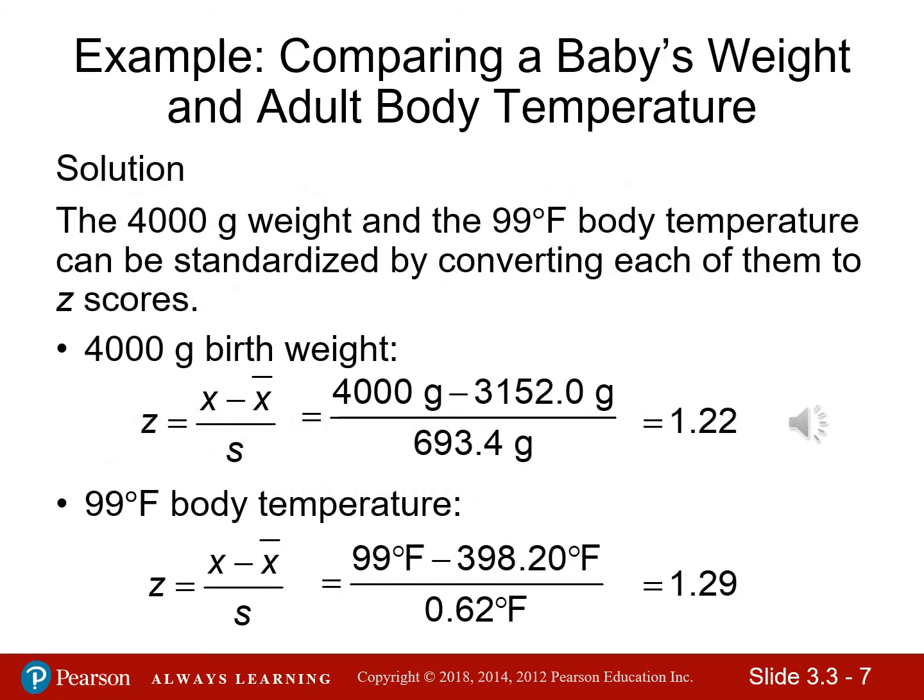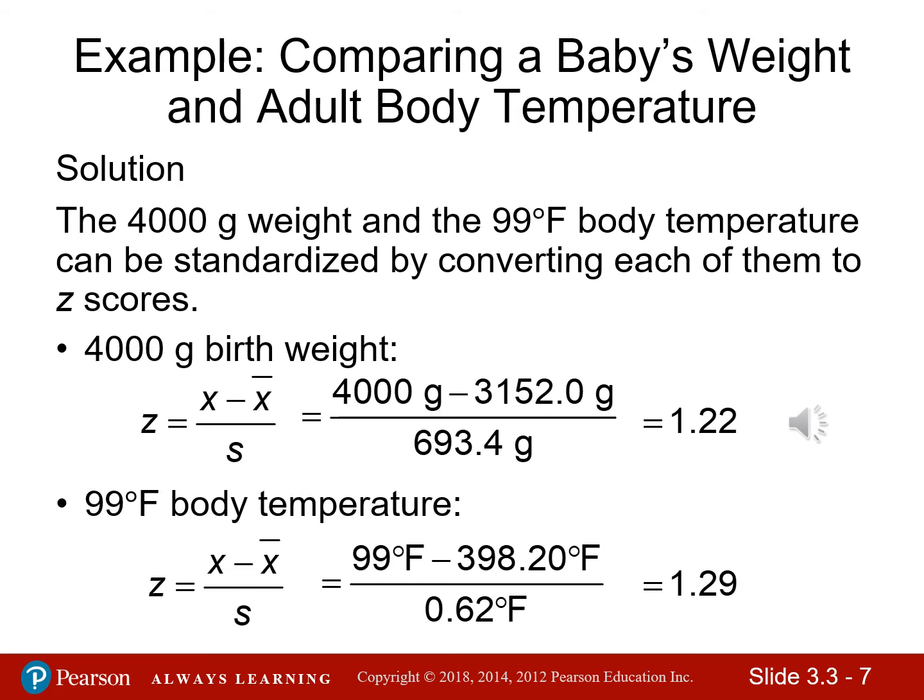We can standardize both the weight of the newborn and the body temperature of the adult by converting each to a z-score. This is done by using the z-score for a sample. So for our newborn with a weight of 4,000 grams, our equation will be 4,000 grams minus 3,152 grams over 693.4 grams.